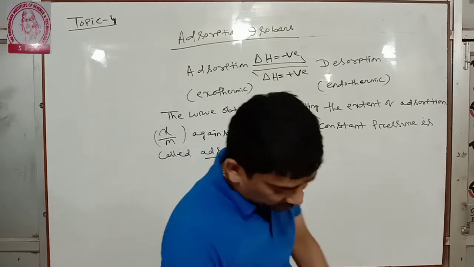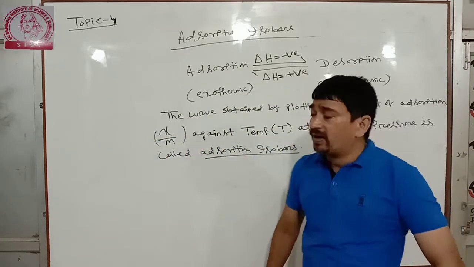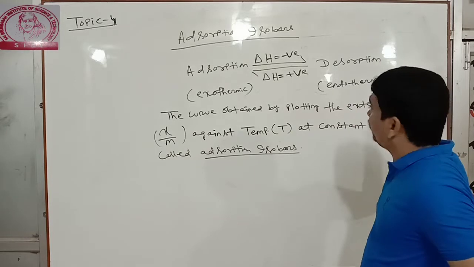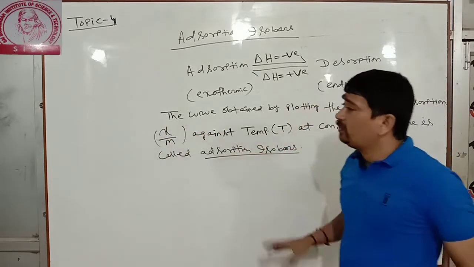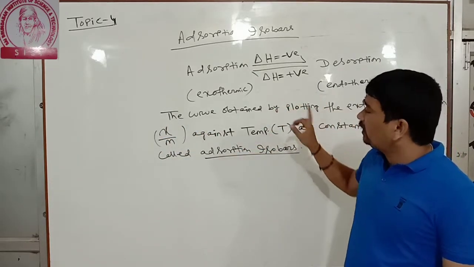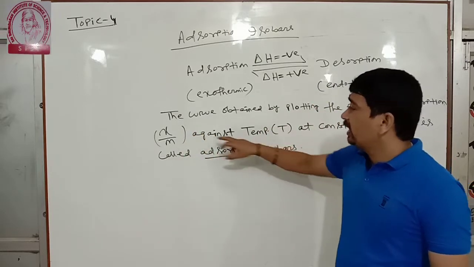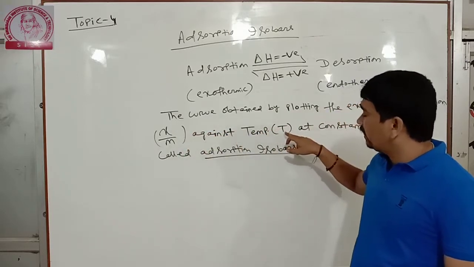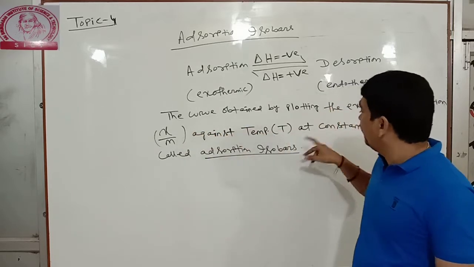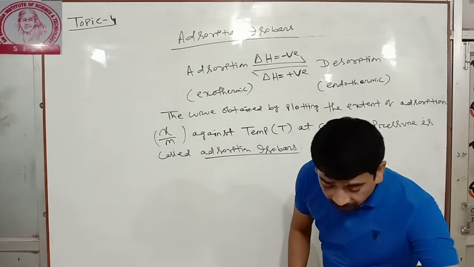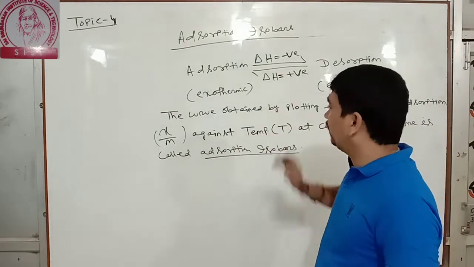Single mark question. The curve obtained by plotting the extent of adsorption, that is x by m, against temperature T at constant pressure is called adsorption isobar.